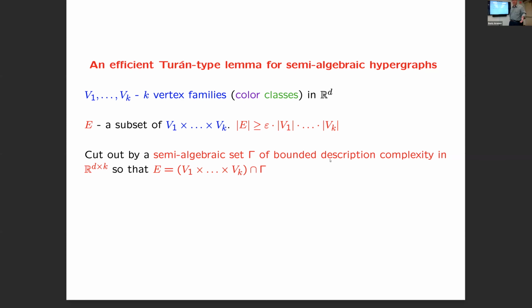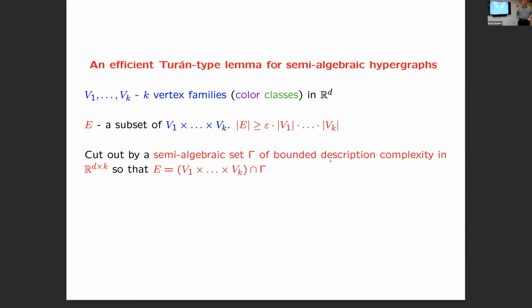We assume the density is at least epsilon, and we also assume that its edge set is cut out by a certain semi-algebraic set of bounded description complexity in dimension d times k, which is used to represent all the possible k-tuples of points.